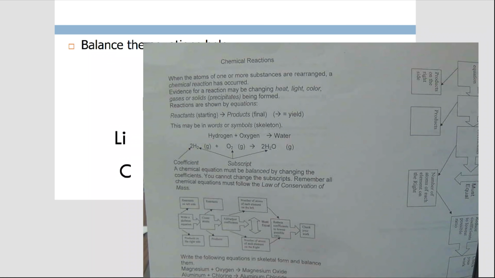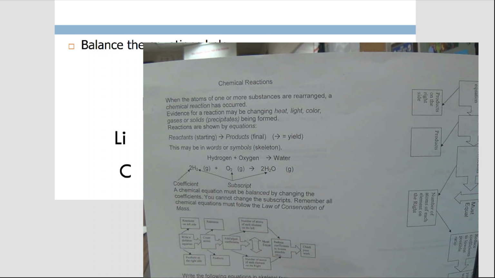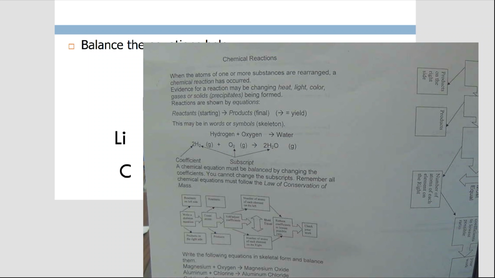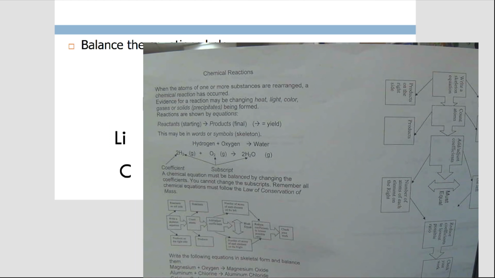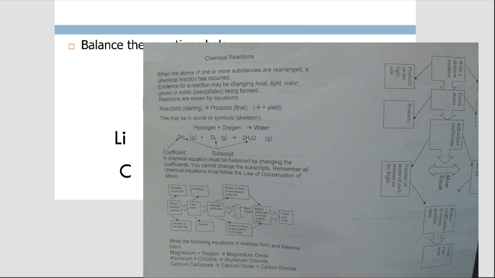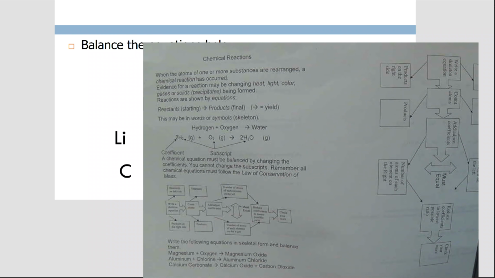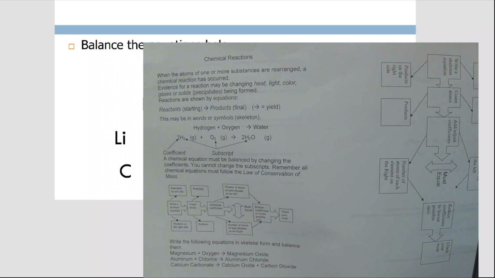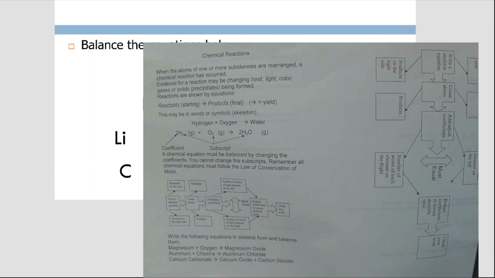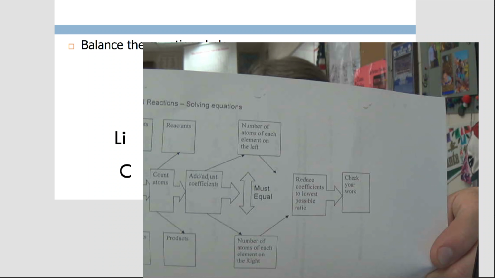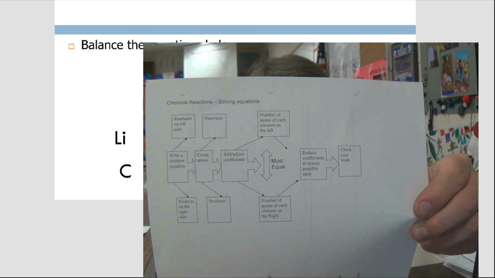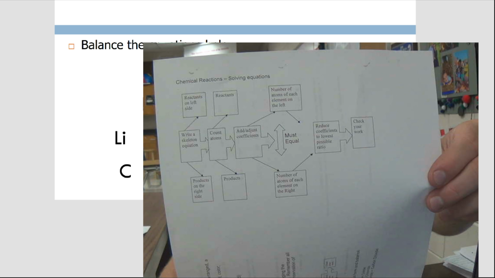All right, this is what I call the strategy worksheet. It gives you a little strategy for doing chemical reactions, balancing them, and writing them. A little flow chart, and that flow chart that's in the middle there is blown up for you there.